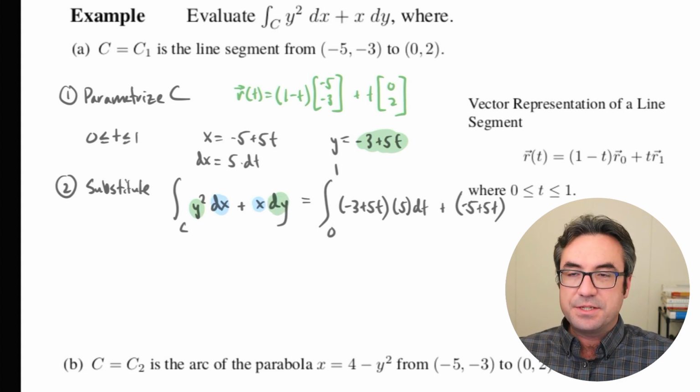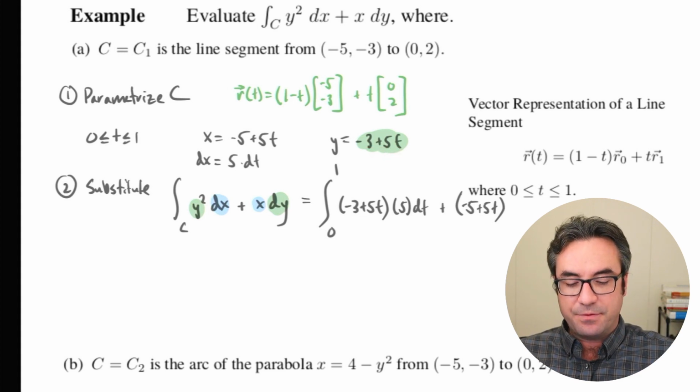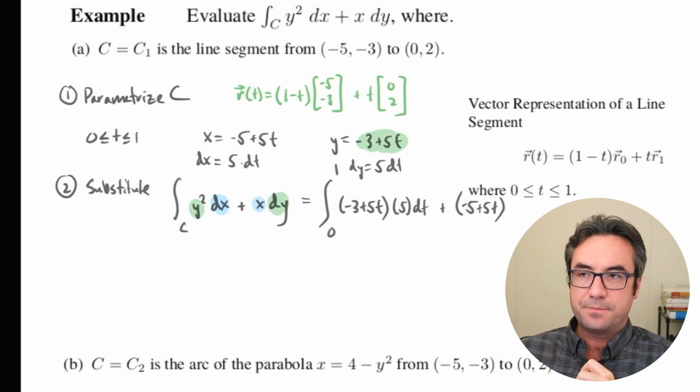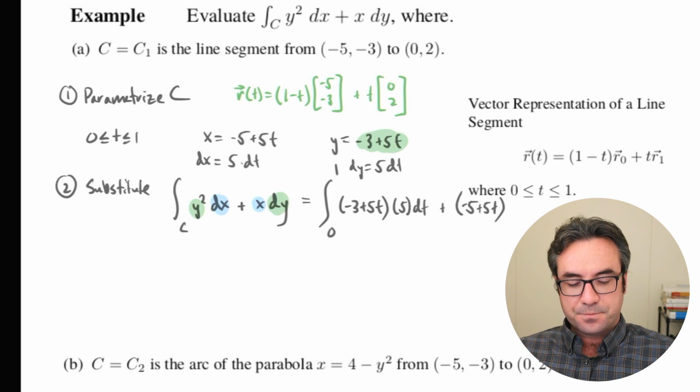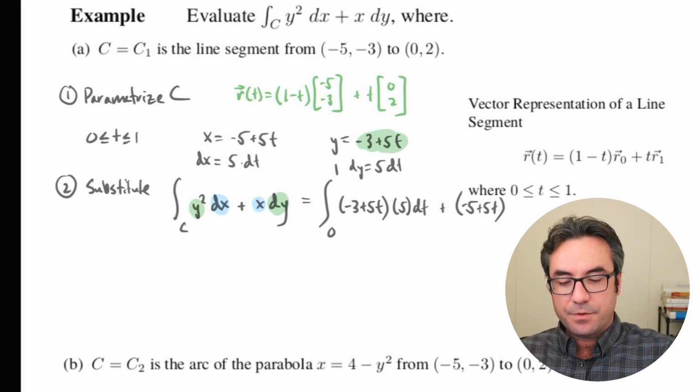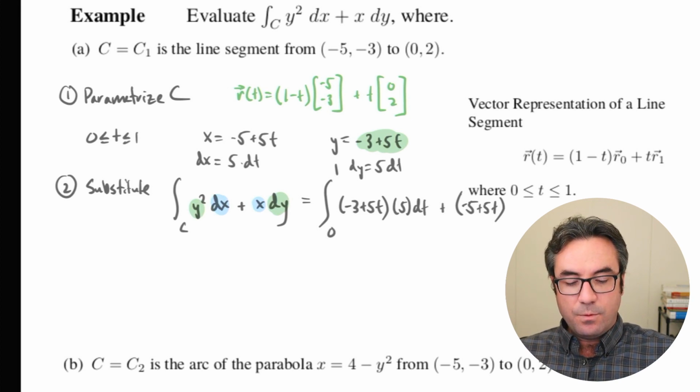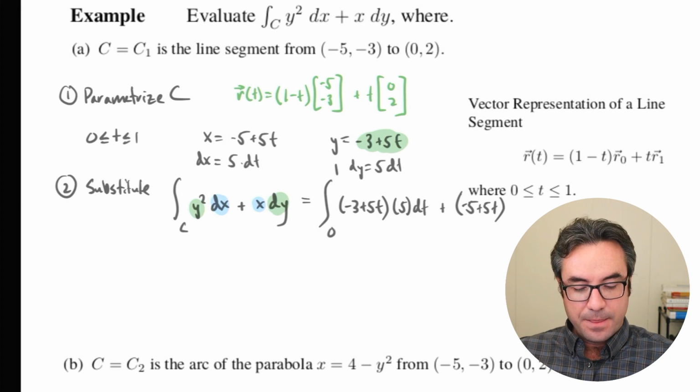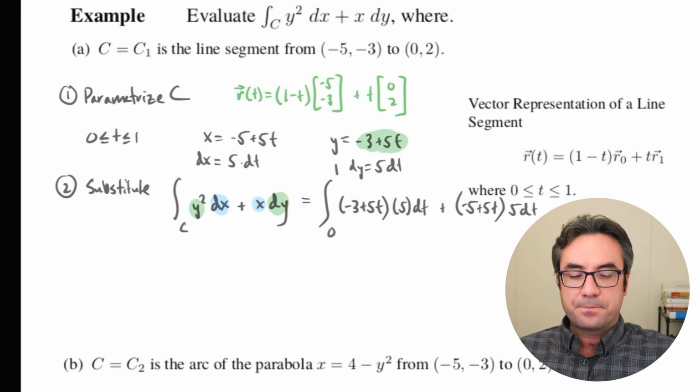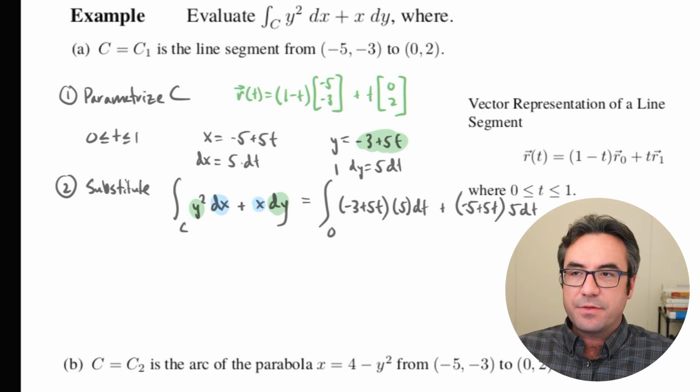So what is dy? Well, we just differentiate our y equation here. We get 5. And then we throw on a dt. So when we convert that, the dy becomes 5 times dt.